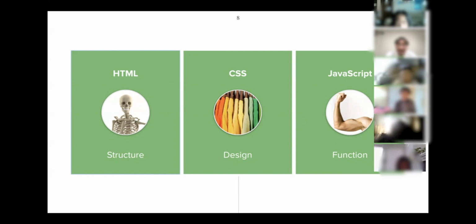CSS puts clothes on that structure, making it all pretty. And JavaScript is basically all the functions. So when we click a button, you know how sometimes we go to a different website or it does different things, that's mainly based on JavaScript. In this course, we'll be mainly covering HTML and CSS, which is mainly just the designing part.